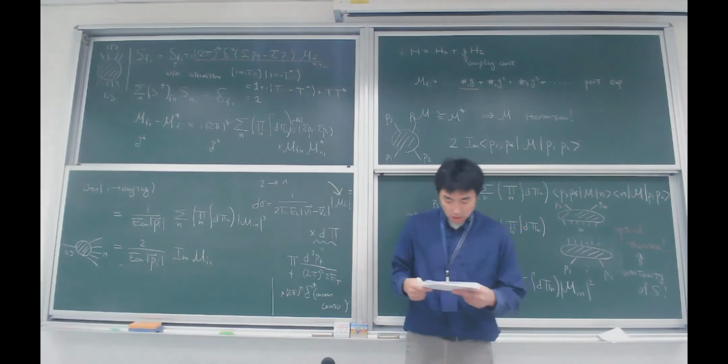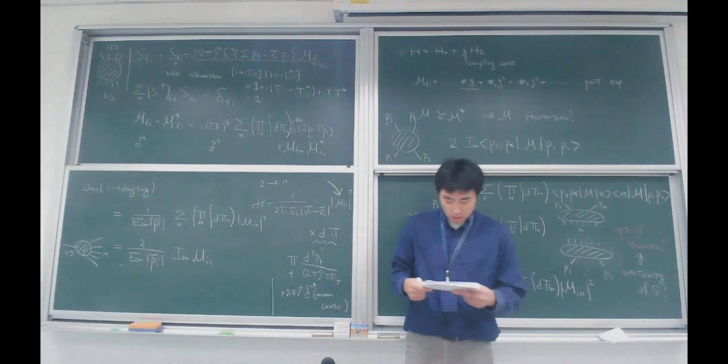Did you guys learn this optical theorem in undergrad? Some people did, some people didn't. But it's okay if you didn't learn it. Essentially, the optical theorem is a consequence of unitarity.